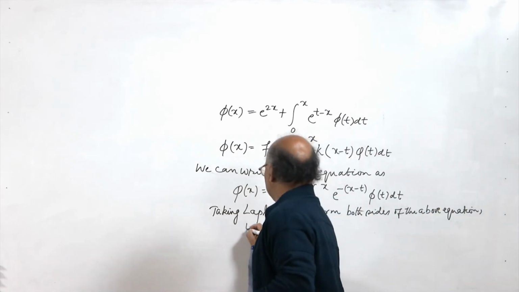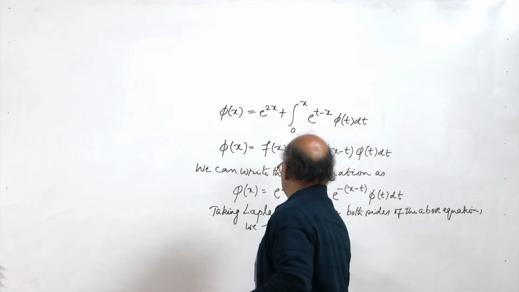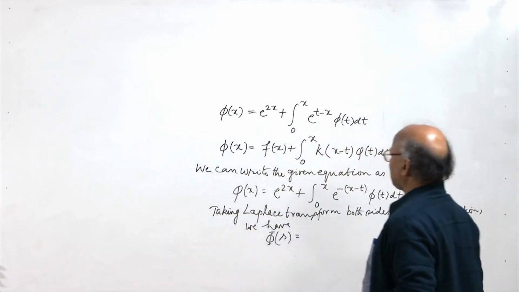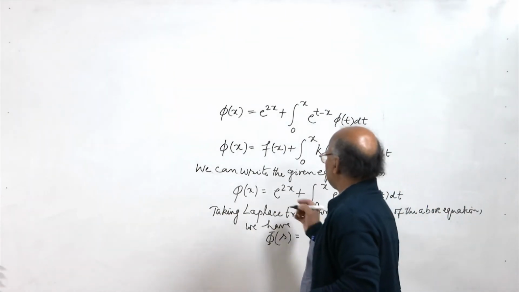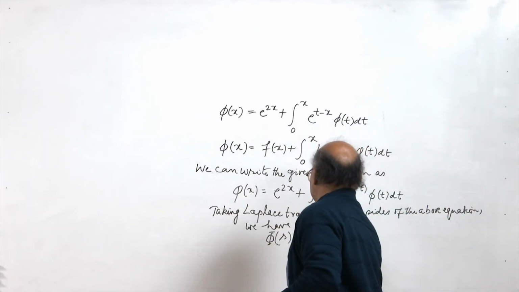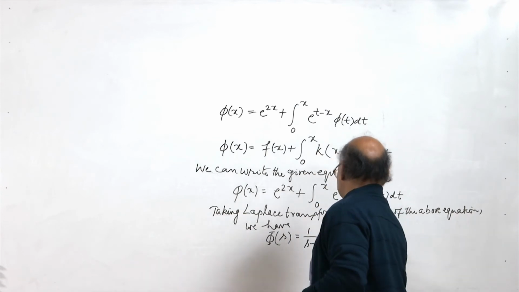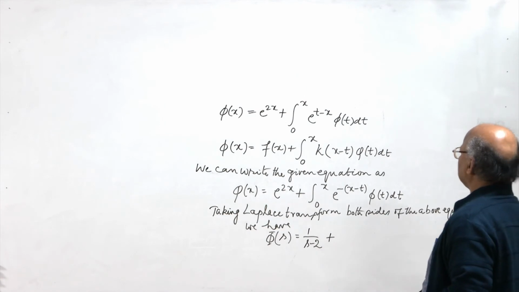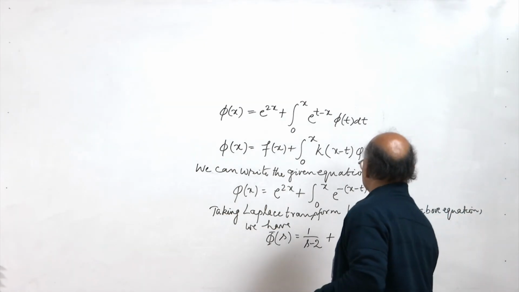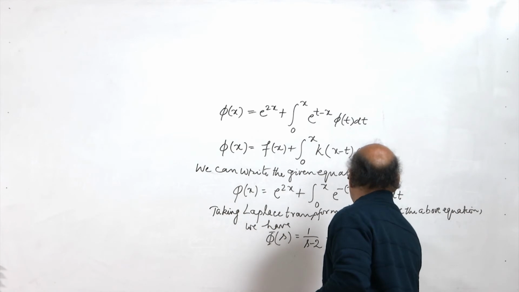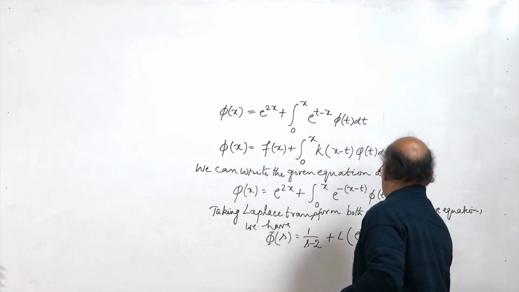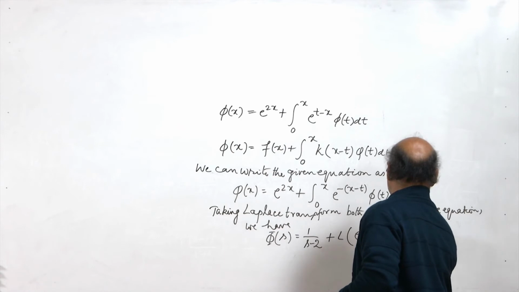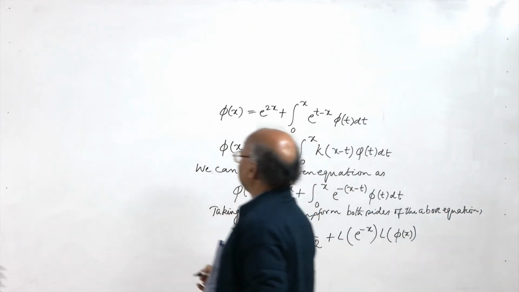We have phi s, the Laplace transform of phi x, equal to the Laplace transform of e to the power 2x, which is 1 over s minus 2, plus the Laplace transform of the convolution, which is the Laplace transform of e to the power minus x into the Laplace transform of phi x.